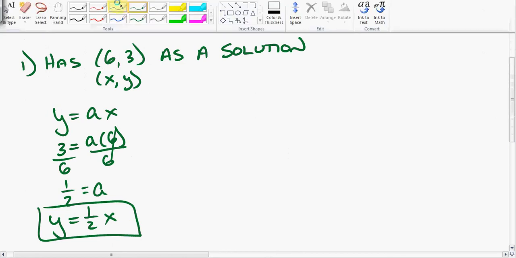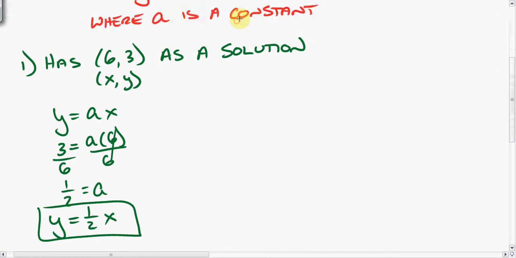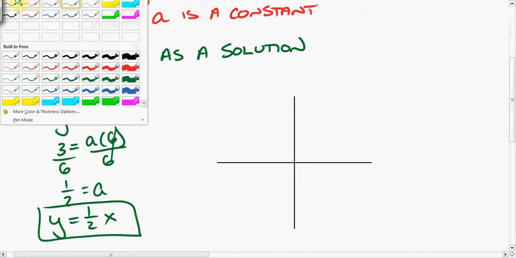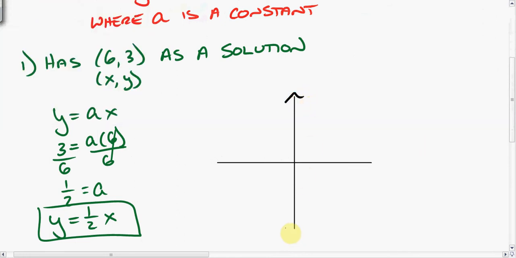Next, we want to draw or graph our direct variation equation. So I'm going to create an xy coordinate plane. And I'm going to want to graph this line, y equals 1/2 x.